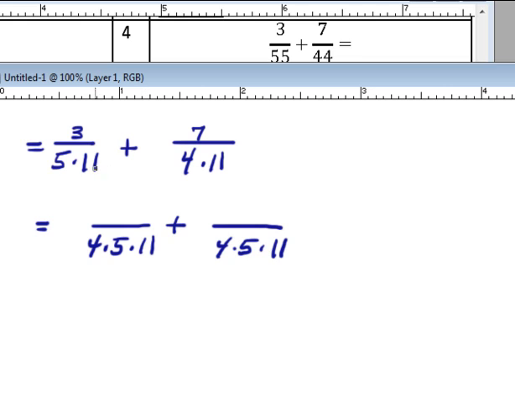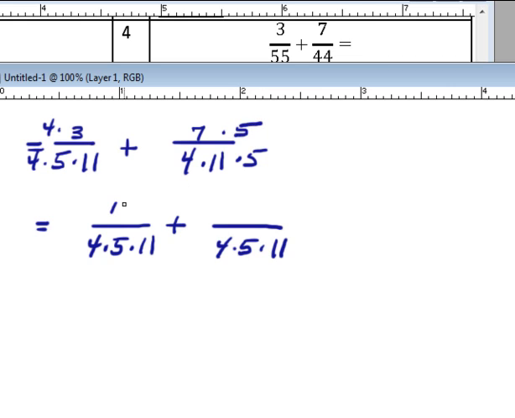Now to change this fraction to a fraction with the common denominator 4 times 5 times 11, we have to multiply the denominator by 4. So let's multiply numerator and denominator by 4. And to change the second denominator to this denominator, we have to multiply by 5. So let's do that, top and bottom by 5.